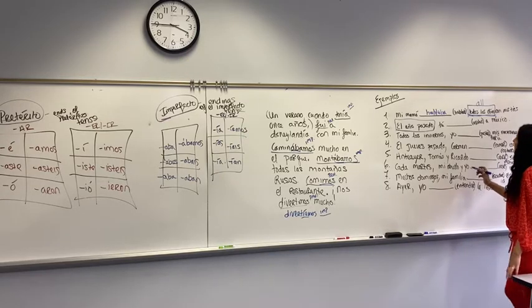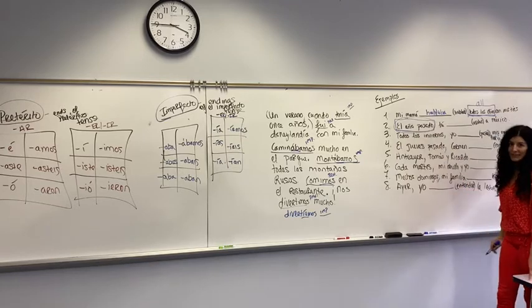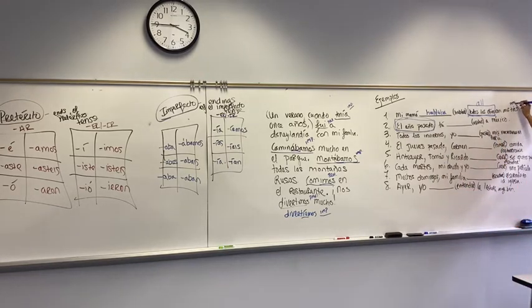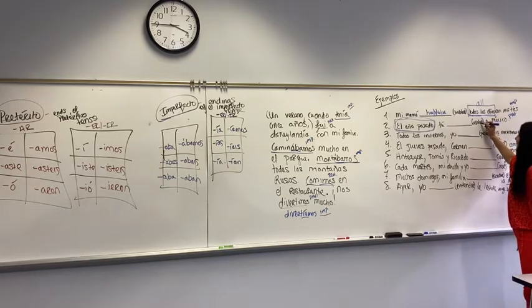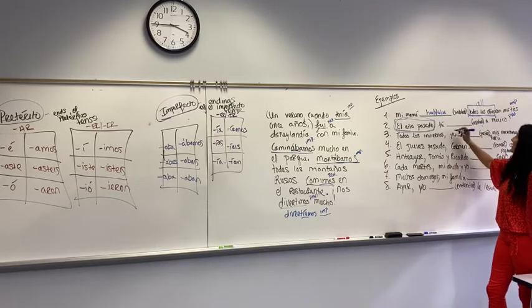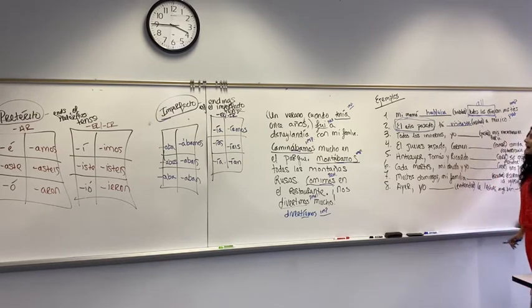So I know that because I'm saying it happened one time in the past, I have to use a preterite. So I would take off the AR and I would put on a preterite ending, right? "Tú visitaste a México."